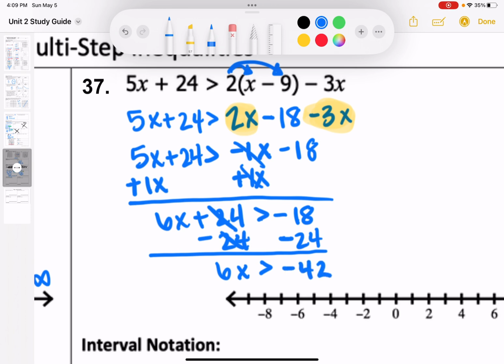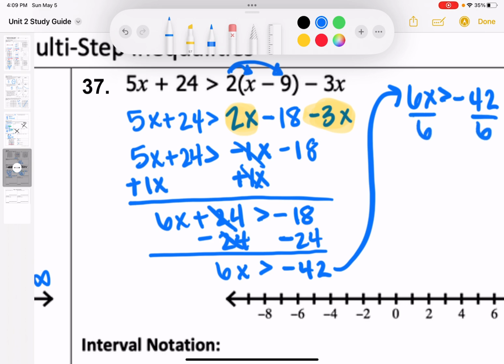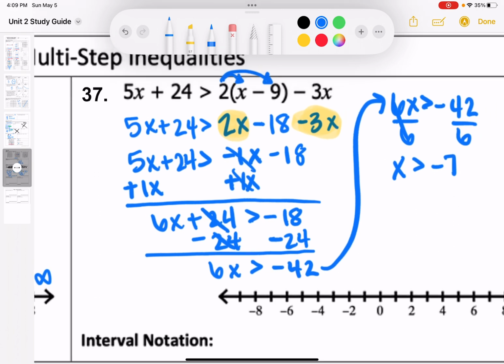Which gives me -42. And then lastly, I'm going to divide both sides by 6, so I have x is greater than -7.